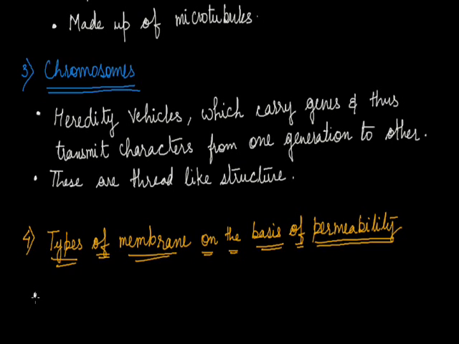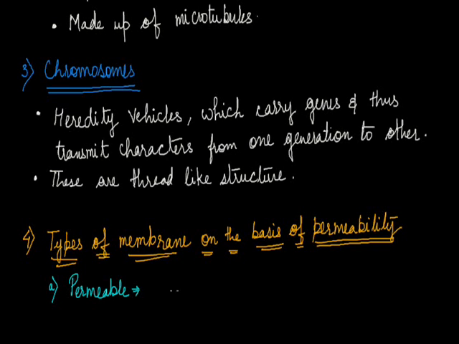What things it allows to pass across decides the permeability property. Now, on that basis, the first type is permeable, meaning the membrane which allows the diffusion of both solvent and solute molecules through it.